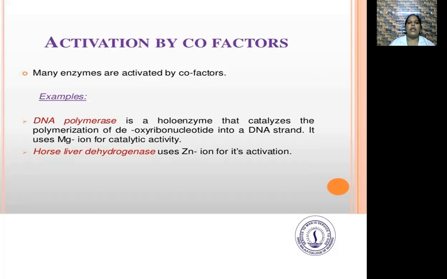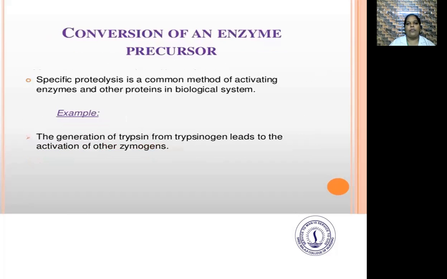Example: DNA polymerase is a holoenzyme that catalyzes the polymerization of deoxyribonucleotides into a DNA strand. It uses magnesium ion for catalytic activity. Horse liver dehydrogenase uses zinc ion for its activation.